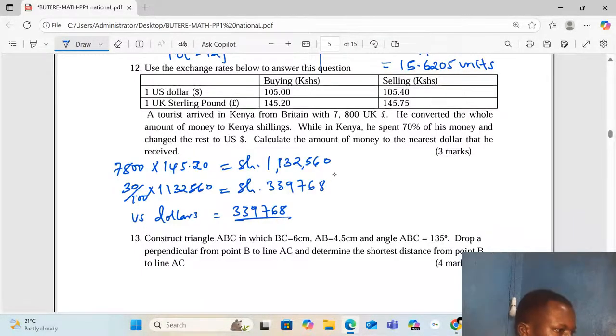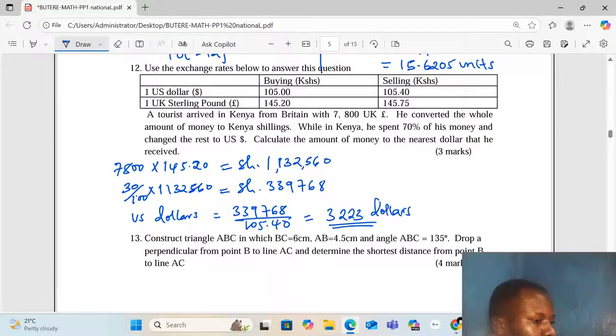We divide 339,768 by the selling column, which is 105.40, so that we get $3,223. This is the amount of money in US dollars that he remained with.